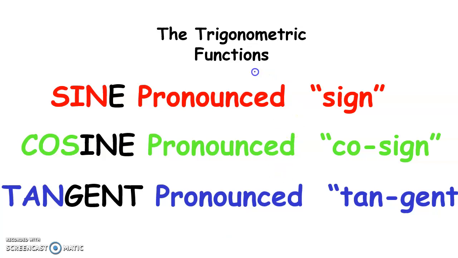Okay, these are the three trigonometric functions we're going to use in our right triangle trig. Sine, abbreviated SIN. Cosine, co of sine, so these are kind of co-workers, abbreviated COS.